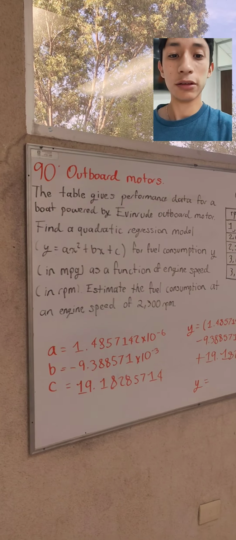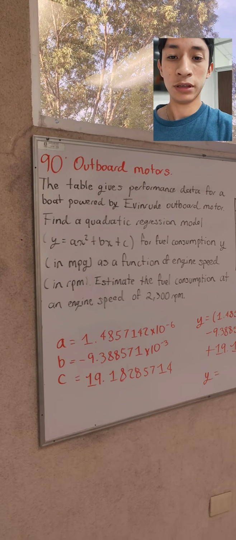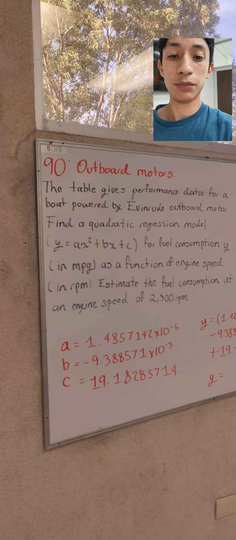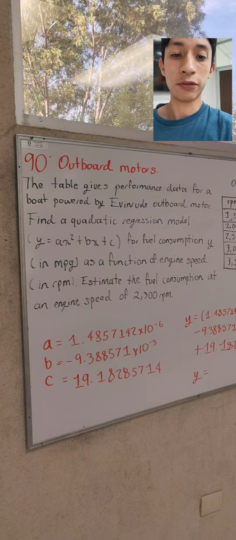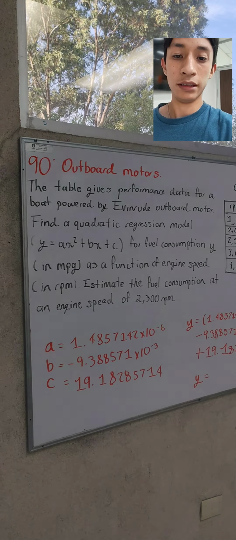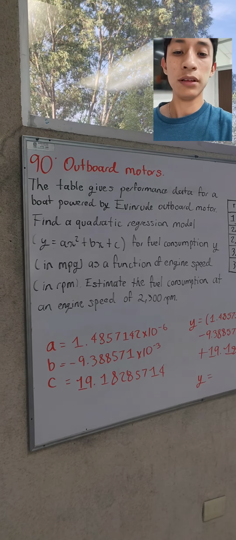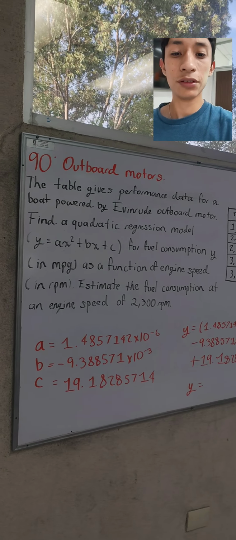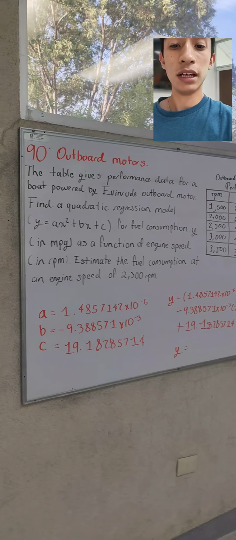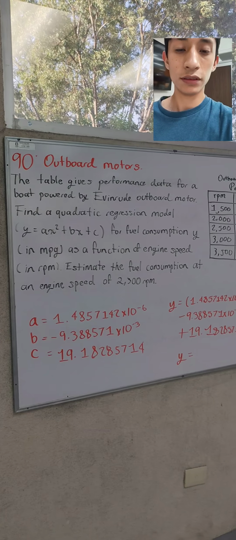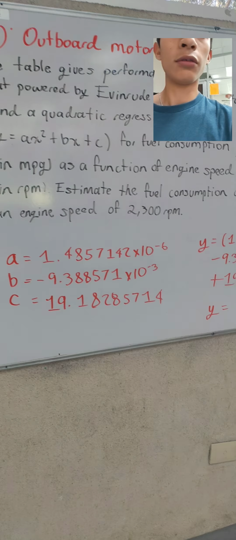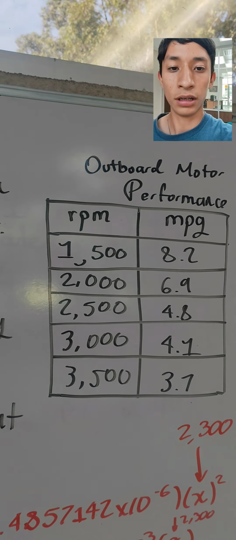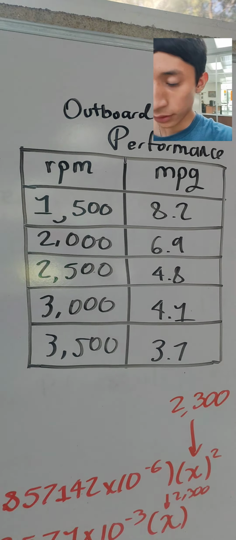Find a quadratic regression model y equals ax squared plus bx plus c for fuel consumption y in miles per gallon as a function of engine speed x in RPM, revolutions per minute. Estimate the fuel consumption at an engine speed of 2,300 RPMs. So the table is right there, RPM and miles per gallon.